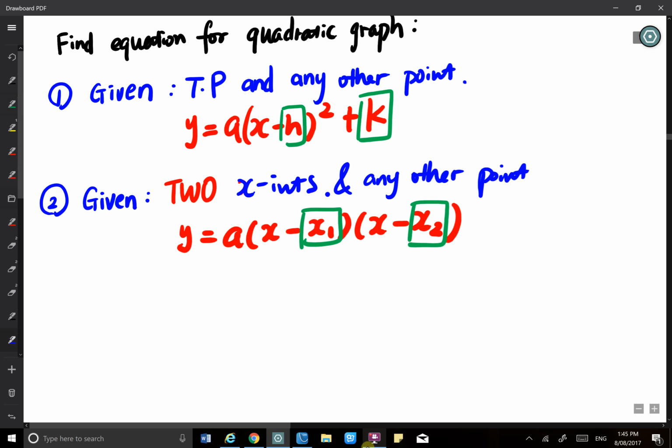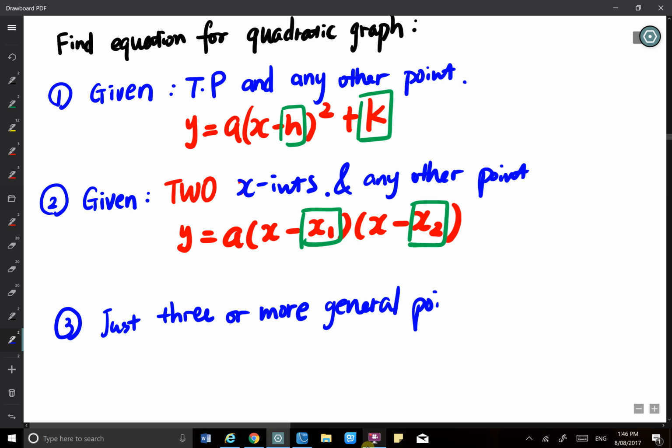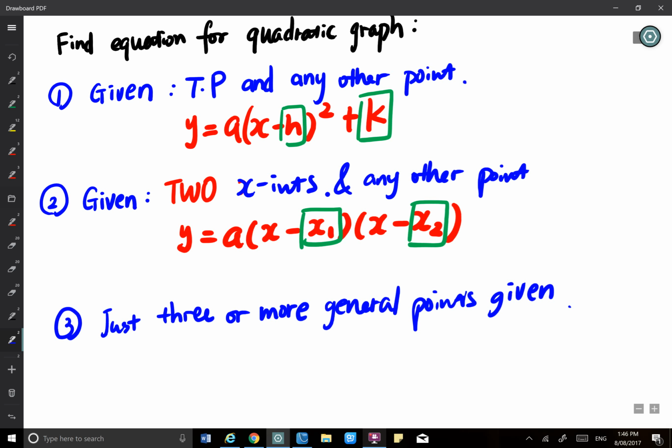Number 3: three or more general points given, which do not include the turning point or the two x-intercepts. If it doesn't satisfy either of the above cases, it will be case number 3.